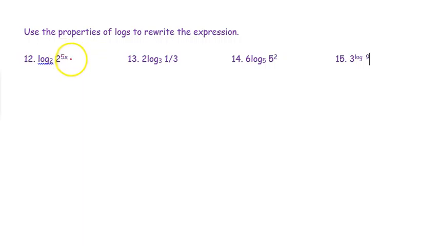I want you to look at this one like it's asking the question, what is the answer? So if we were to say 2 to what power is 2 to the 5x, you would know the answer. I'm just putting it in exponential form. Obviously, this is 5x. So I'm just rewriting it in a simpler form, 5x being the simpler form.